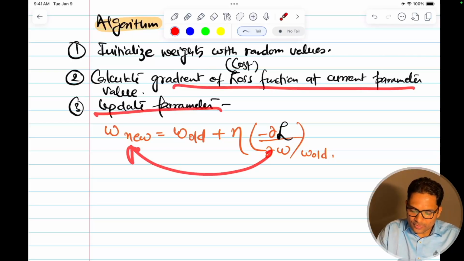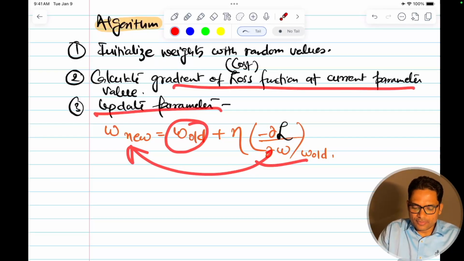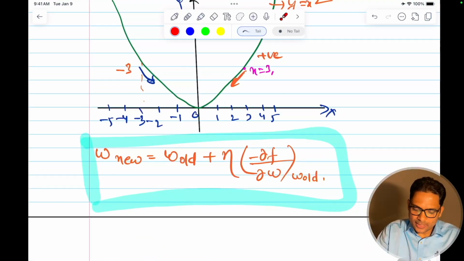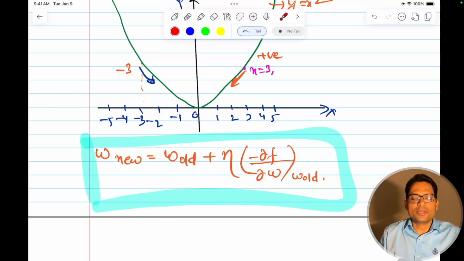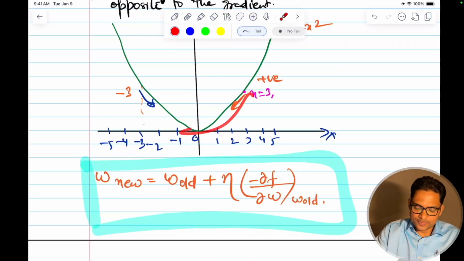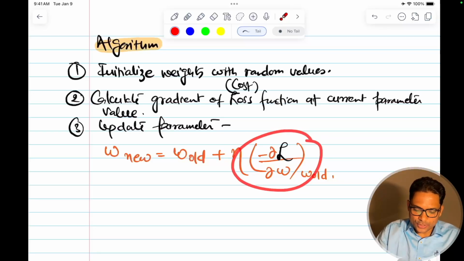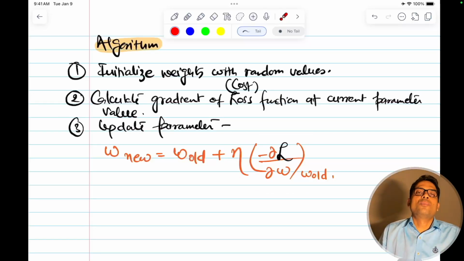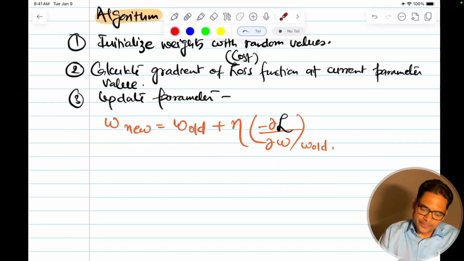So now your new parameter will be the old parameter, and which way. Old parameter was, say for example, 3. So depending upon this slope, you will get the new weights, which will take you towards this minimum. You will adjust the weight because the slope is positive here, so you will go towards the minimum. You will go down, so your weights will be updated such that you will move towards the bottom of the valley.